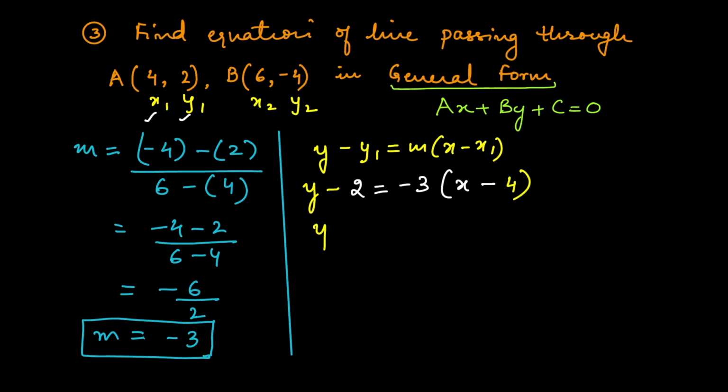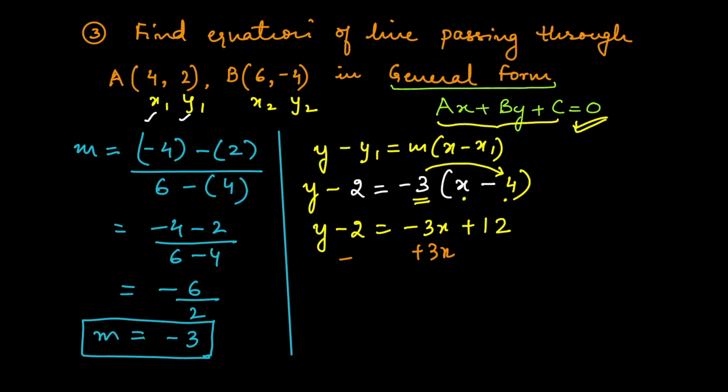Now we simplify and rearrange to get the equation in the general form. Distributing minus 3 with the bracket terms, it is minus 3x, and minus 3 times minus 4 becomes plus 12. Since we want all the terms on one side, and we always look for the x coefficient to be positive, and since the x coefficient is negative here, we bring the terms to the left side, so we add 3x on both sides.